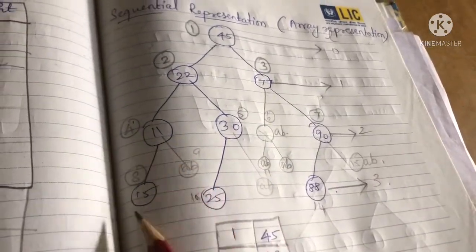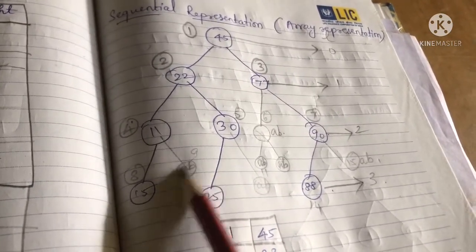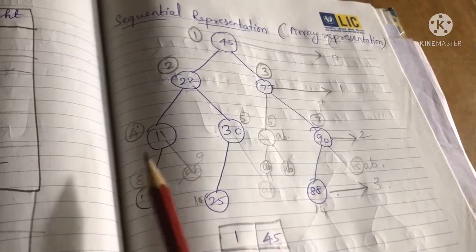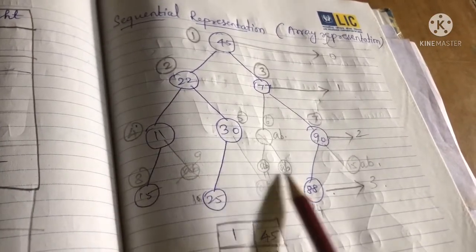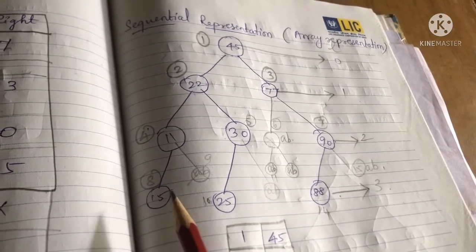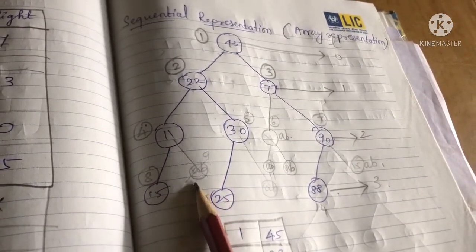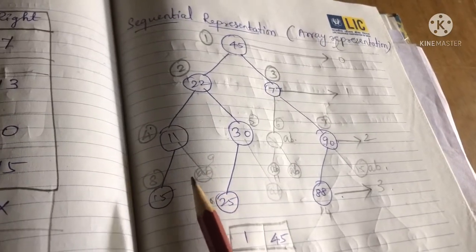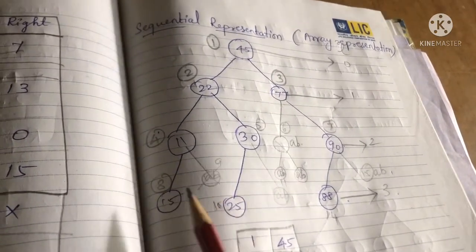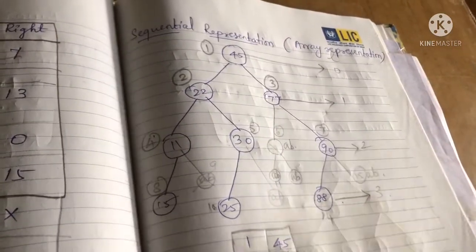Then the left child is available, so 15; the right child is not available, so just leave it. But whether the data is available or not does not matter; the locations follow a sequential manner.